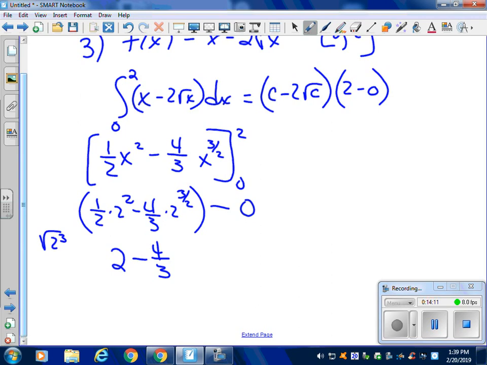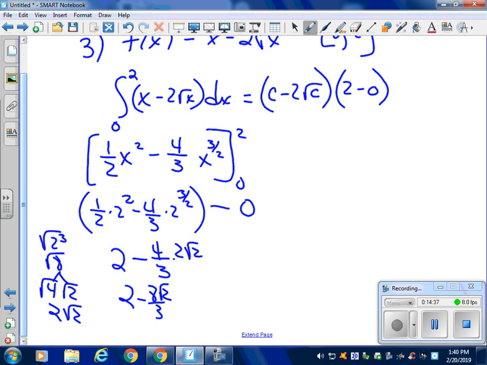To be 3/2 power means the square root of 2 to the 3rd. That's the square root of 8. Doesn't that factor into 4 times 2, or 2 square roots of 2? Everybody agree? Well, if I multiply 2 square roots of 2 times this, then I'm going to get 2 minus 8/3 square root of 2 on top.